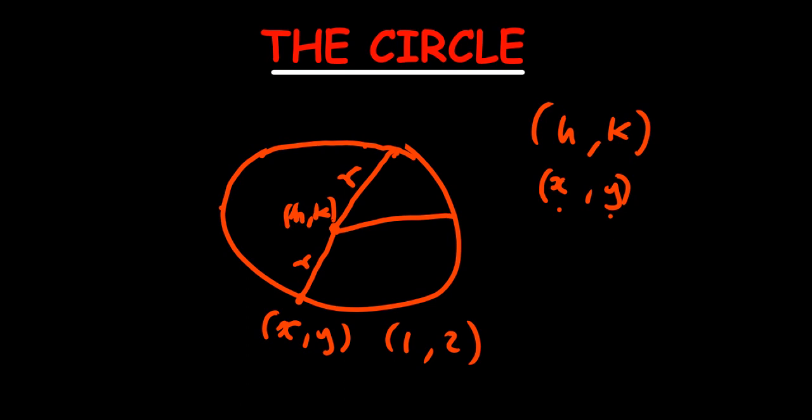Since we've said from the general equation that we wrote that we can identify from the equation whether the shape is a circle, an ellipse, a hyperbola, or a parabola, we'll be able to describe the general form of the equation of a circle. So we'll use the distance formula.